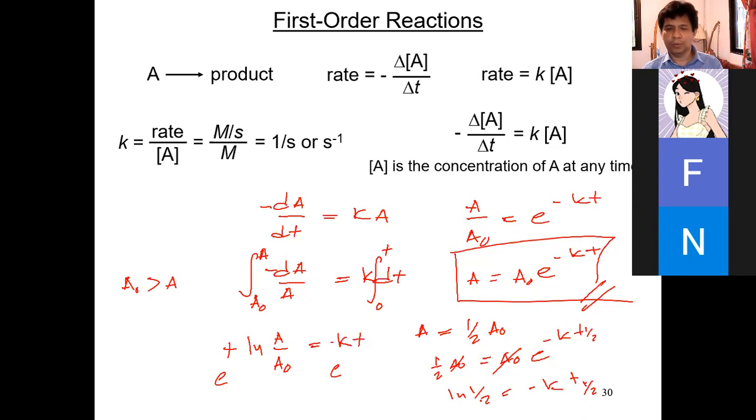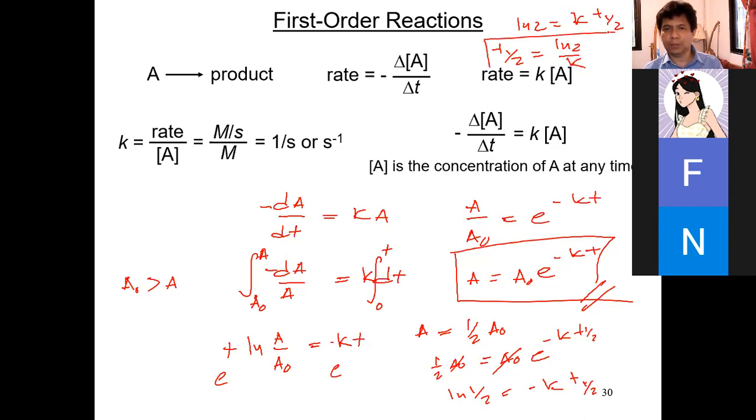So, you will have ln of 2 is equals to k times half-life. So, yun, this is the half-life equation. Half-life is equals to ln 2 divided by k.